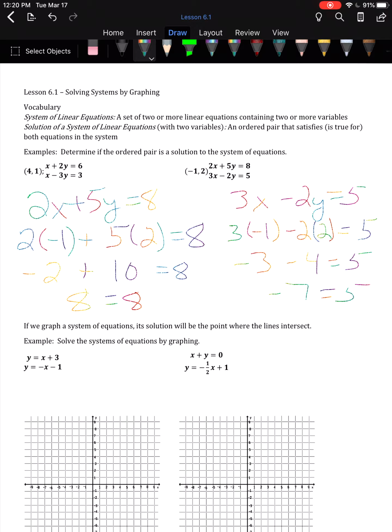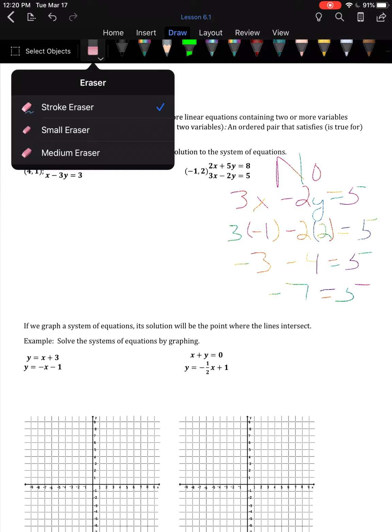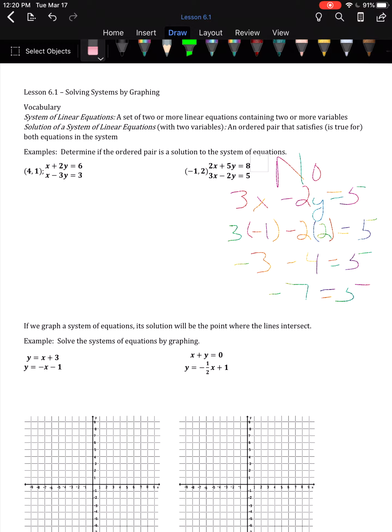Negative 7 is not 5. So again, no. I know it's a little strange that I'm giving you two examples that both go no. Okay? Just realize to say yes, an ordered pair is a solution, we must have the ordered pair working in both equations.